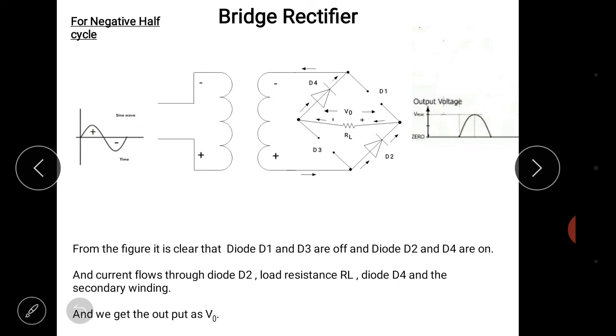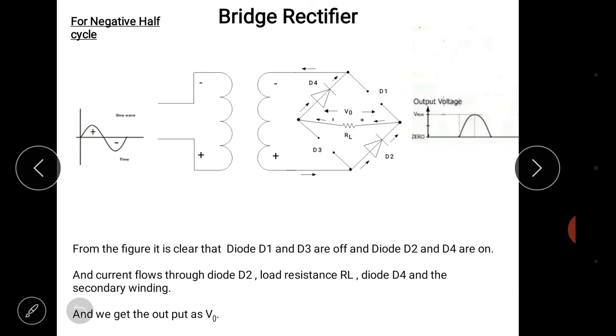Here D1 and D3 are off, and diodes D2 and D4 are on, and current flows through diode D2, load resistance RL, diode D4 and the secondary winding.